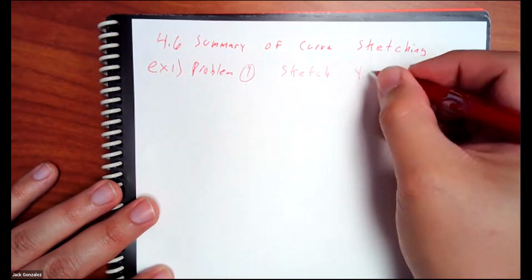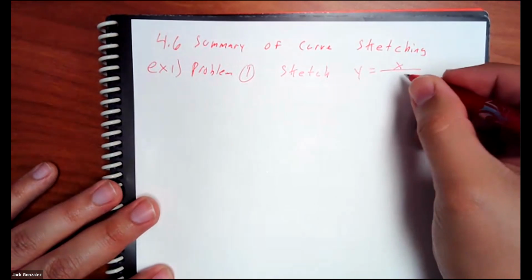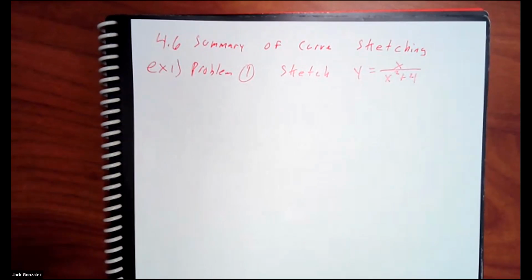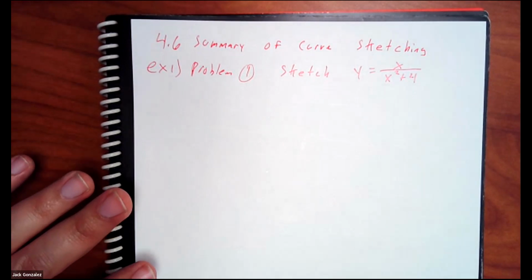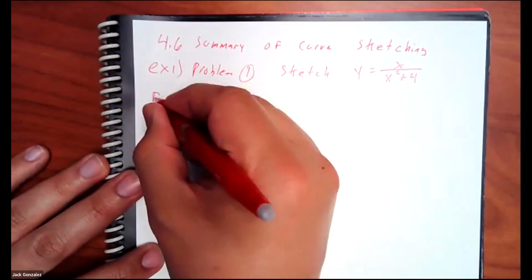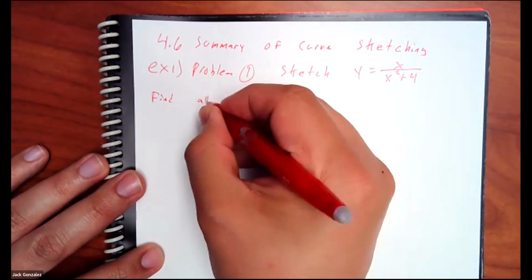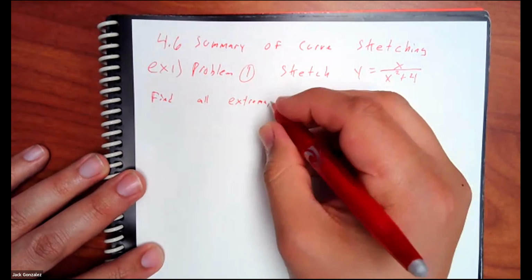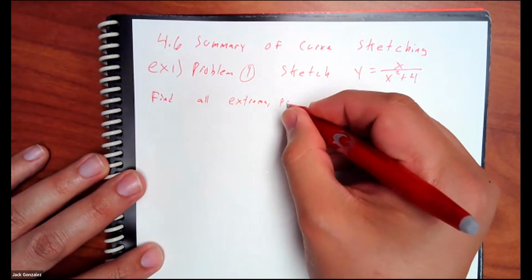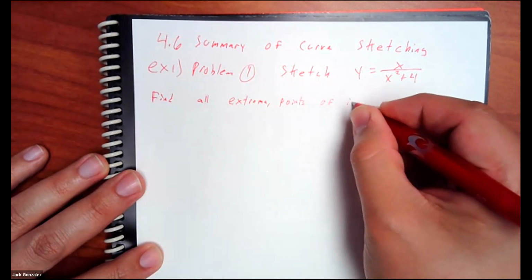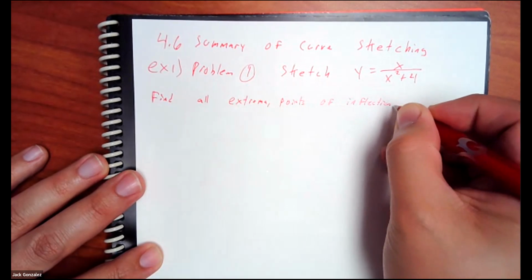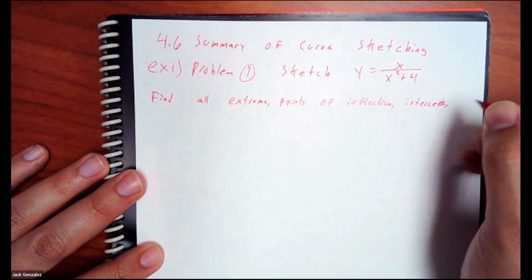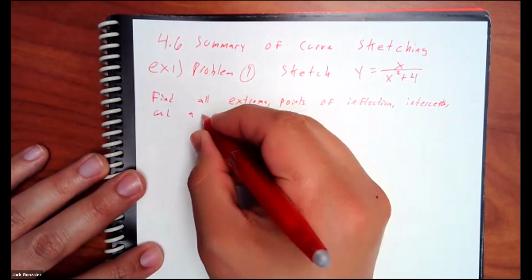Sketch y equal to x over x squared plus 4. Find all extrema, points of inflection, intercepts, and asymptotes.